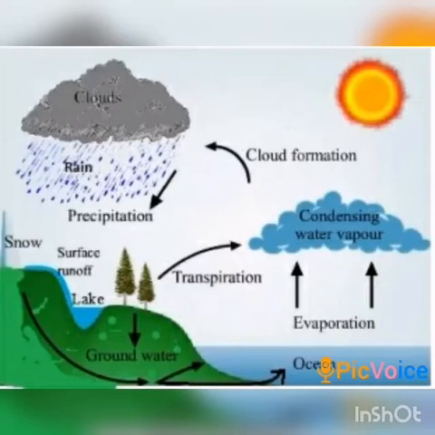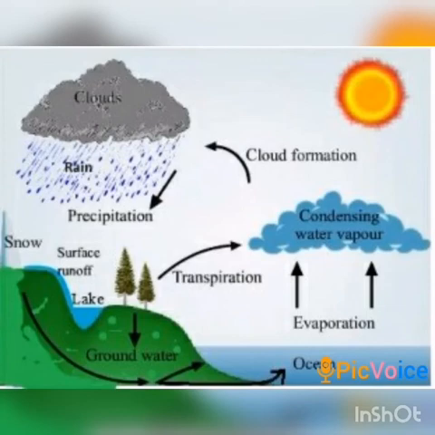Look at the picture, children. This picture explains the water cycle. Do you understand the picture, children? First, in the water cycle, evaporation takes place.